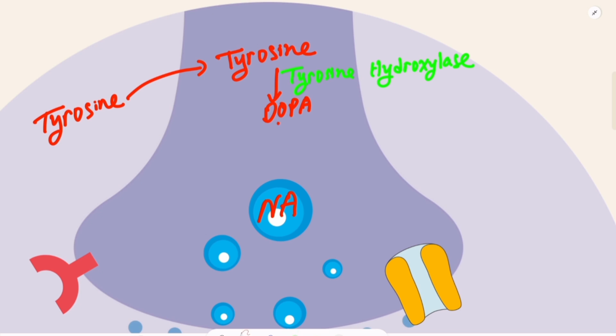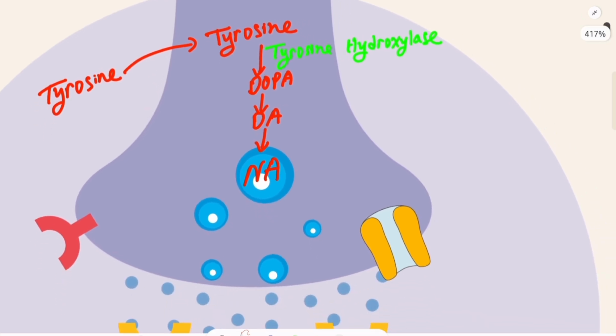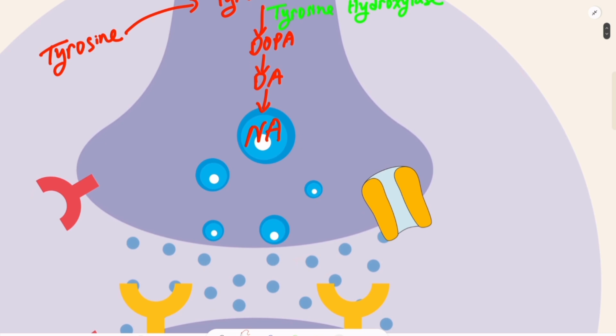Dopa is converted into dopamine, and dopamine will enter the vesicle and form noradrenaline. This noradrenaline is stored here. So whenever a nerve impulse comes, the noradrenaline is released in the synapse.